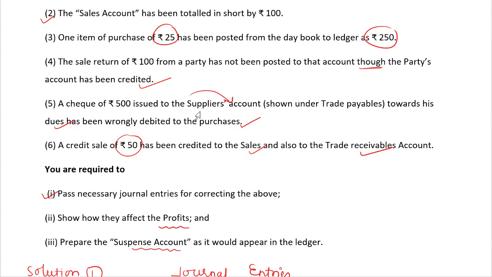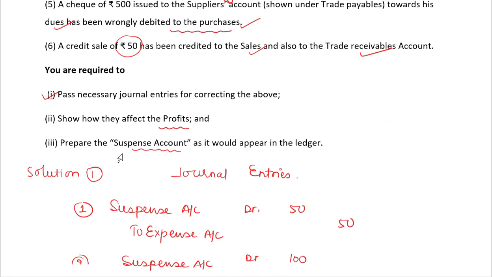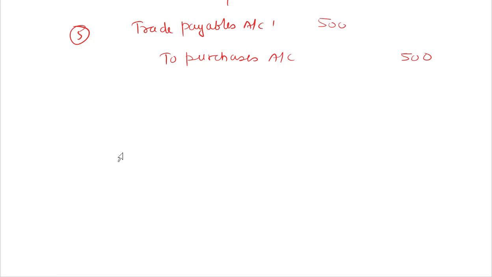Trade payable account and credit bank, but here it has been wrongly debited to the purchase account. That means we have credited the bank but debited the purchase account wrongly. So we will rectify that. We will credit purchases account 500, and we will debit trade payables account. Is it clear?